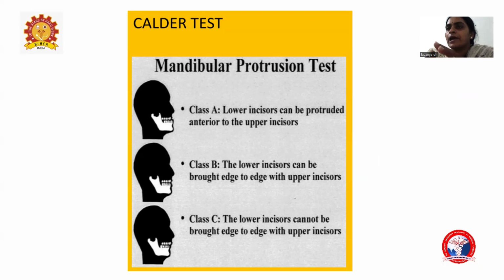Grade 1 is lower incisors can be protruded anterior to the upper incisors. Grade 2 is lower incisors can just be brought edge to edge with the upper incisors. And grade 3 is the lower incisors cannot be brought edge to edge with the upper incisors. So grades 2 and 3 indicate difficulty in laryngoscopy and finally the airway.